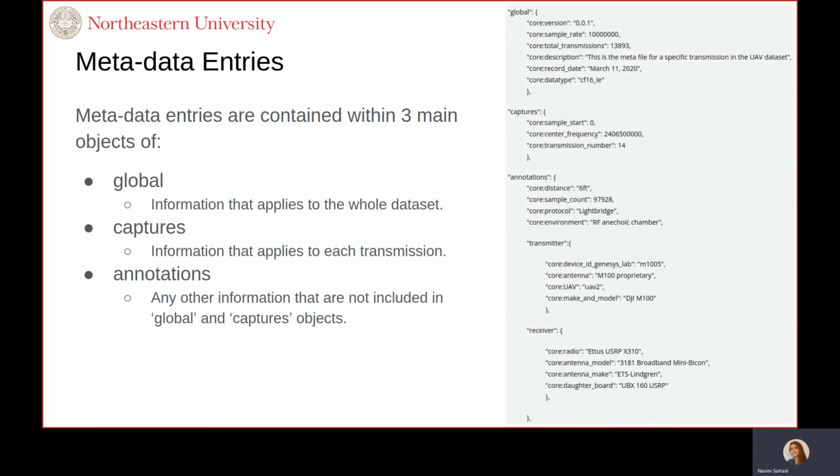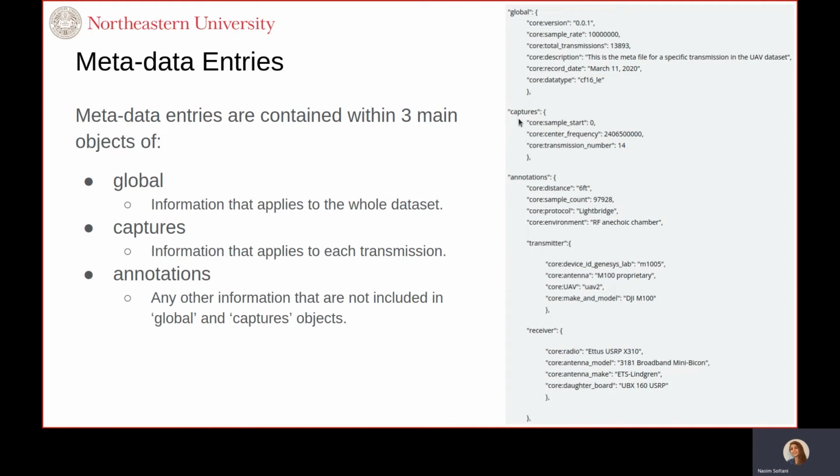Here is an example of metadata entries in an example data set. You can see that it has 3 main objects of global, captures, and annotations, and within each of these objects, you can see the metadata entries. For example, in the global object, we have the data type, which for this example is float 16 with little endian representation, which applies to the whole data set.